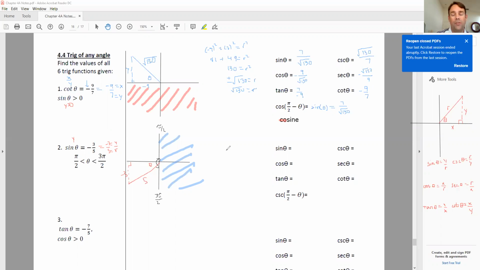I've got to deal with my x value now. So let's figure out what that is. x squared plus negative 3 squared equals r squared.